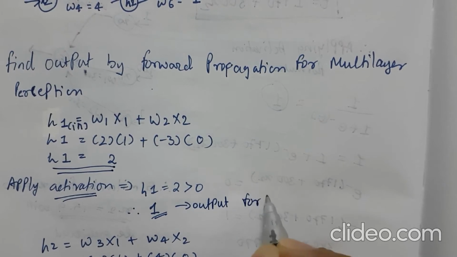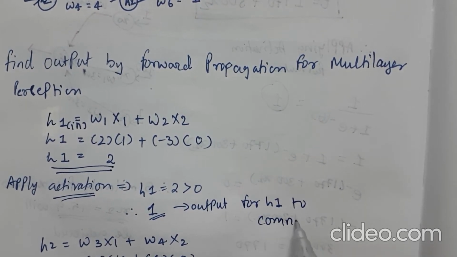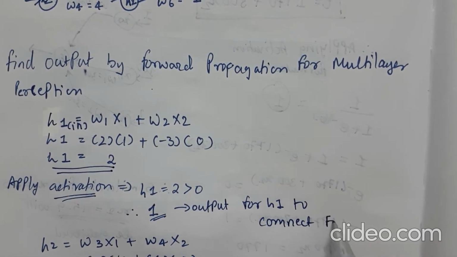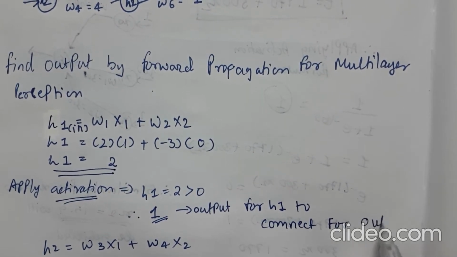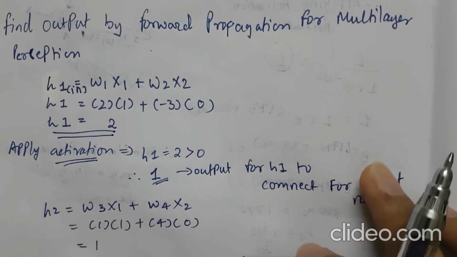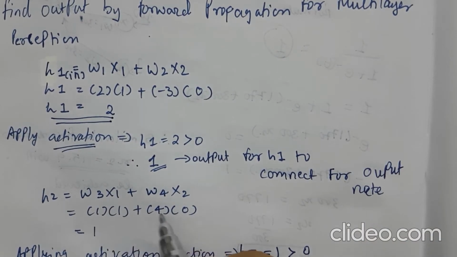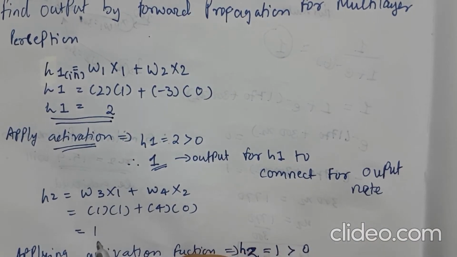This h1 output connects to the output node. Similarly for h2, w3 x1 plus w4 x2, 1 into 1 plus 4 into 0, we get the answer 1.